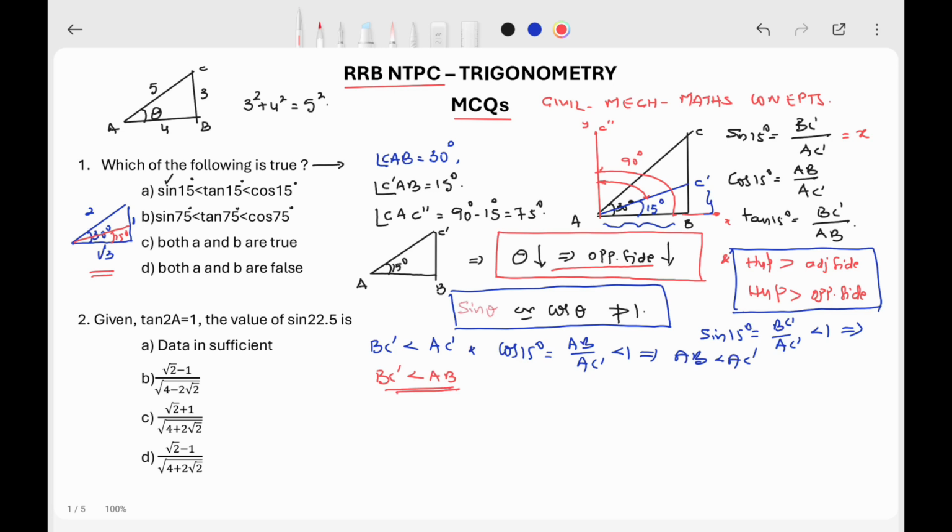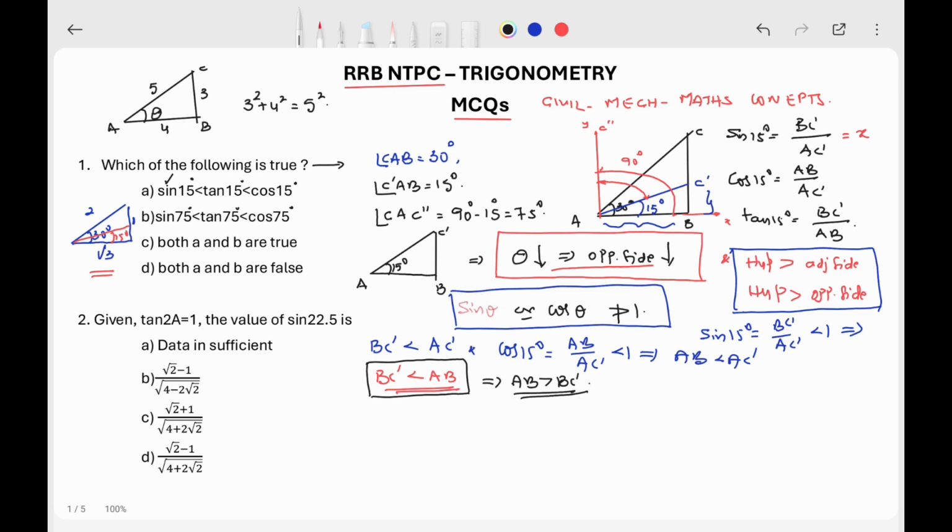Tan 15 is BC dash by AB. And cos 15 is AB by AC dash. Now AB is bigger or BC dash is bigger? Just now we have derived that BC dash is less than AB. That means AB is greater than BC dash.